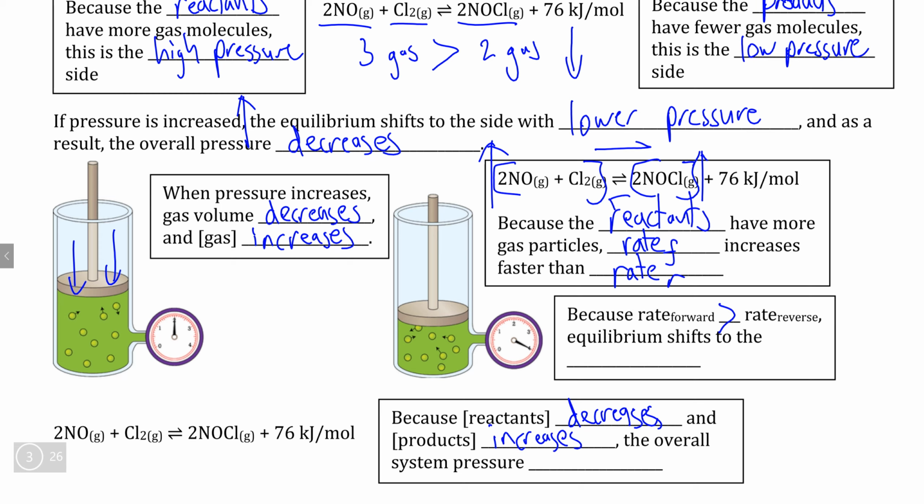If we have less gas than before because we're shifting the equilibrium to the side with fewer gas particles, the overall system pressure is going to decrease as a consequence, which is exactly what we predicted. It's because the equilibrium is shifting in this case to the products, which is the side that has fewer gas particles and therefore the low pressure side.